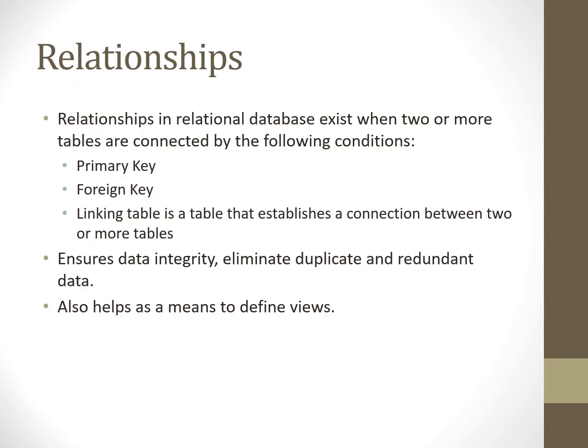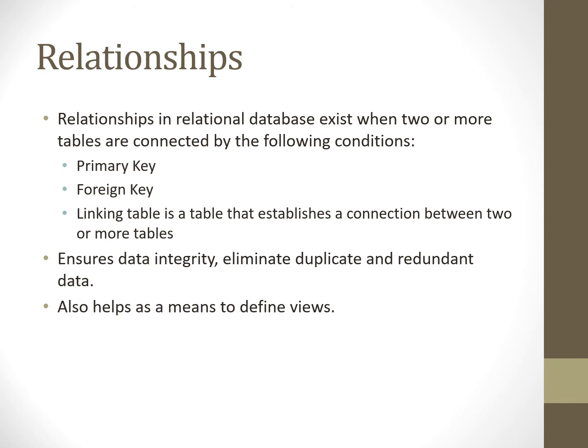Okay, I don't want to bore you with my face, so I'll hide for a little bit. Relationships. Talking about relationships, this doesn't mean the boy-girl relationship. This is a little bit different. This is a relationship in relational databases.